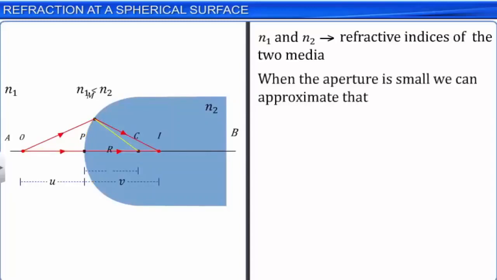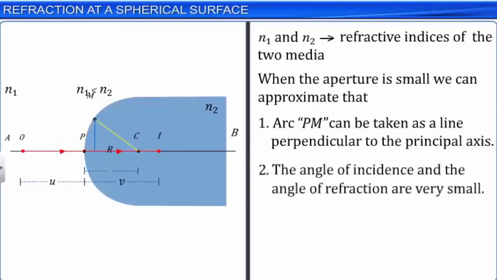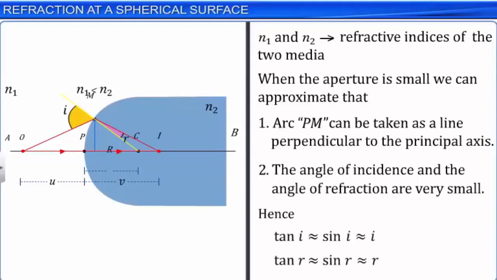Let the angle MOP be theta 1, angle MCP be theta 2, and angle MIP be theta 3. Then, tan theta 1 is equal to PM by PO, tan theta 2 is equal to PM by PC, and tan theta 3 is equal to PM by PI.